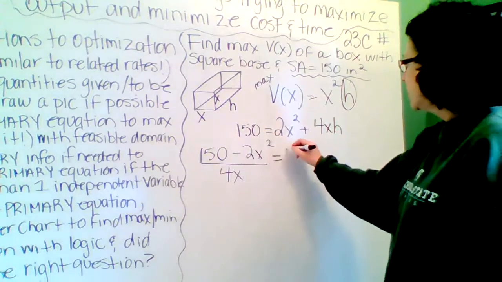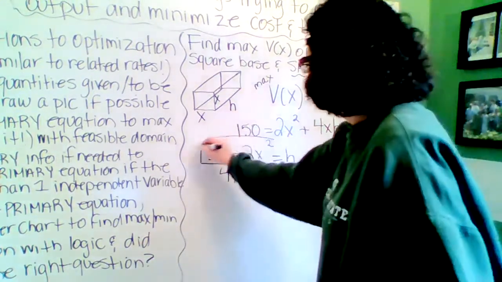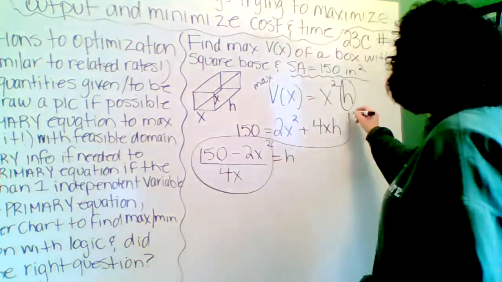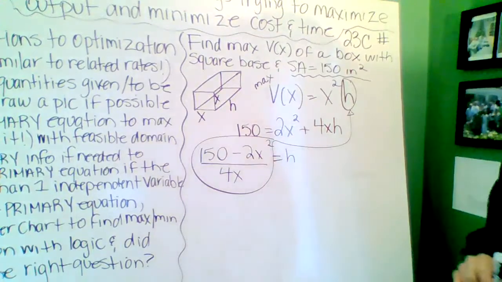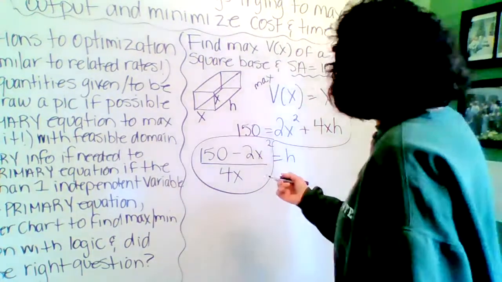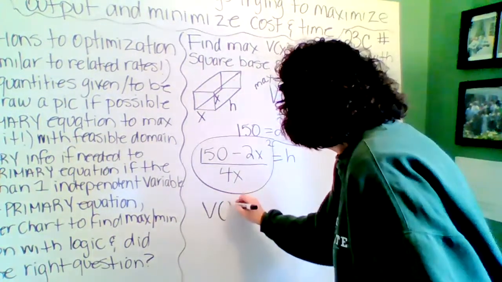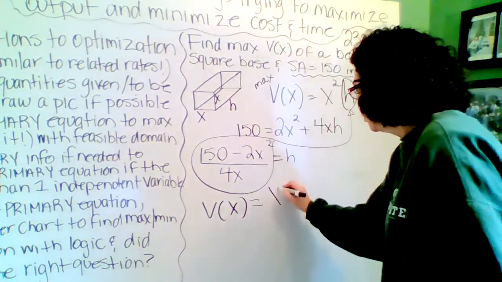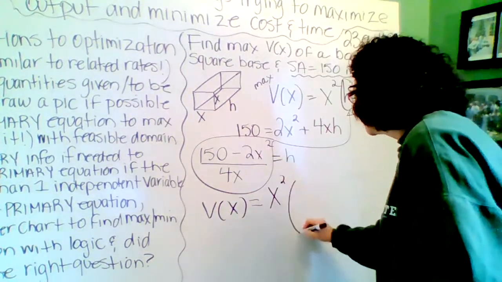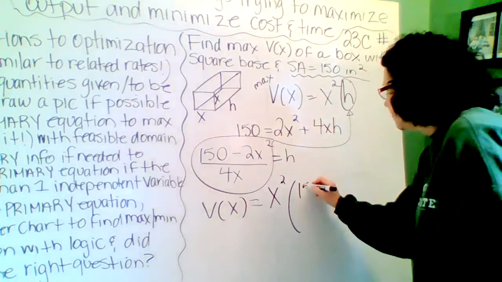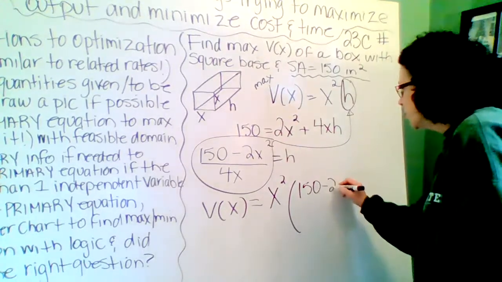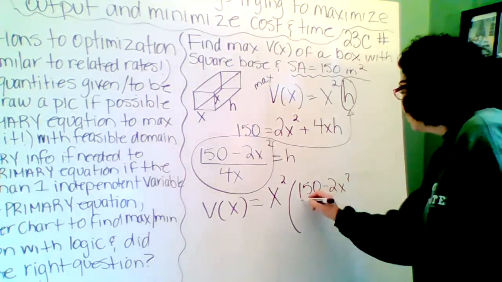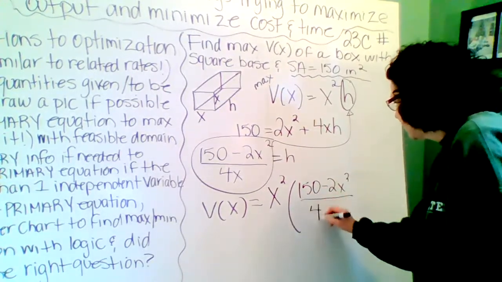Right, that would be my H. And I am going to put this expression right in for the H, okay? So my volume is now equal to, I have this X squared times 150 minus 2X squared over 4X.